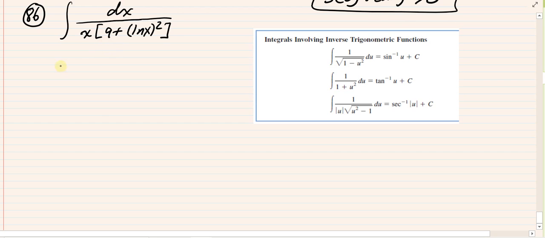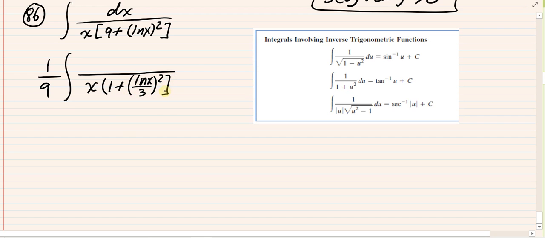So I'm going to begin by factoring a 9. Let me bring the 9 out, and here's how it's going to be. This is going to become 1 plus ln of x divided by 3 quantities squared, because 3 squared is 9, so I did 2 steps in one.